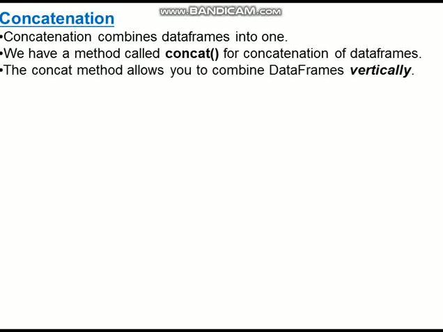So this is the basic difference between merging and joining: in the case of merging and joining, data are combined horizontally, but in the case of concatenation, it will join vertically.